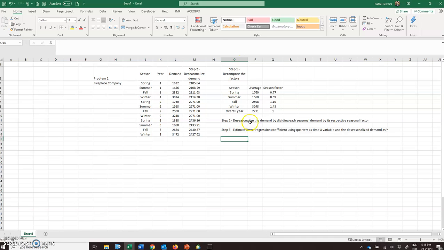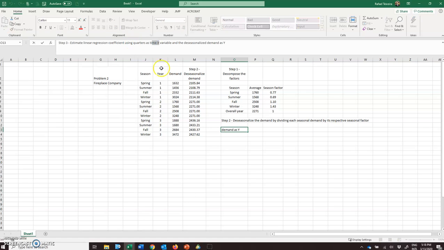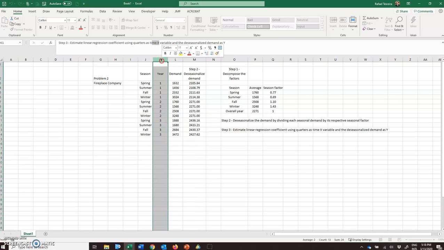Okay, you see that I'm using a variable that doesn't exist, this variable quarter, as a time variable, a variable that determines time. You see that we don't have this variable here, this quarter, we don't have it. So we're going to create that.